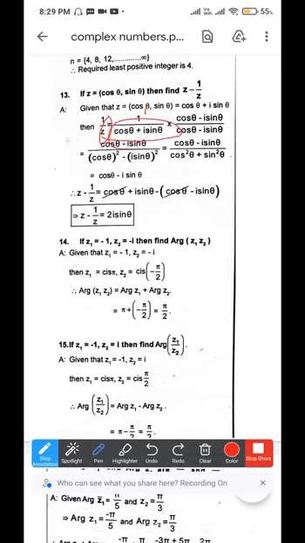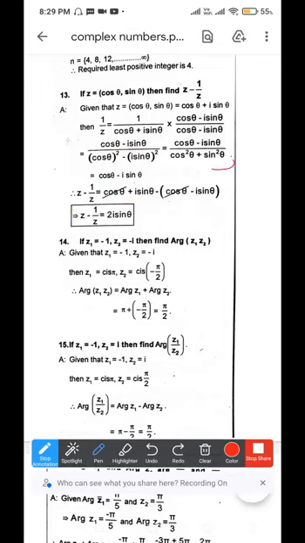Whenever you see something in the denominator which is in addition or subtraction, remember the rule, you need to rationalize. We are having a positive sign over here, so we will just multiply and divide with a negative sign. After multiplying and dividing, we get (a plus ib) into (a minus ib) is a square plus b square.